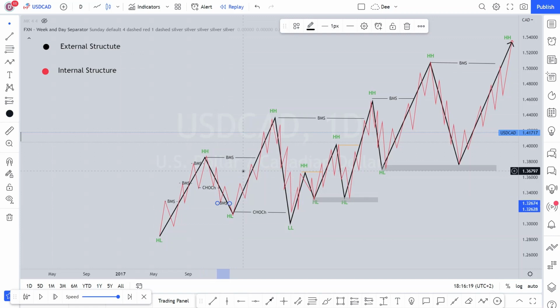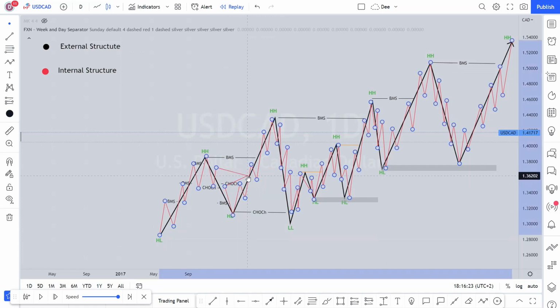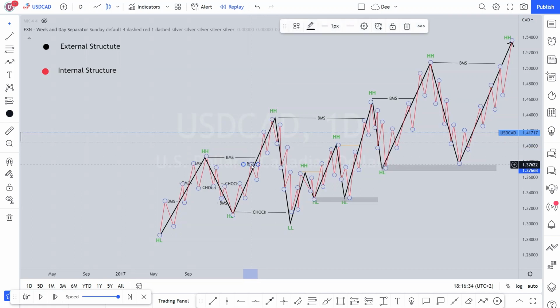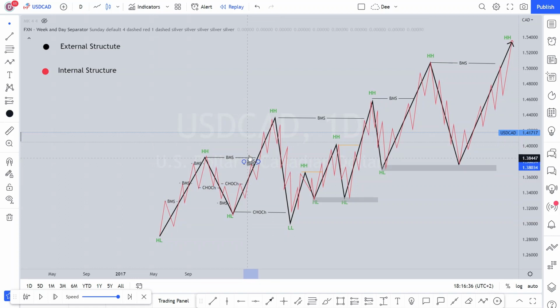Break of structure, and we have another change of character, break of structure, break of structure. We have another change of character.